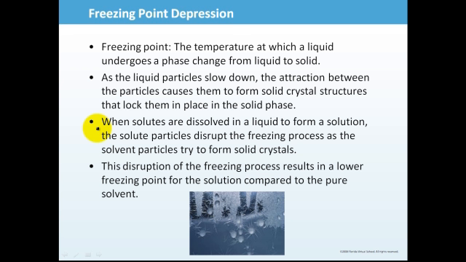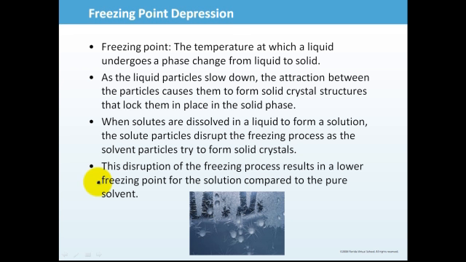Well, the same type of thing is happening here. As the solvent particles are trying to make those connections, the solute particles are in the way and disrupt that process. So what happens is it's going to cause the temperature to continue to drop until the solvent particles can finally make their connection.